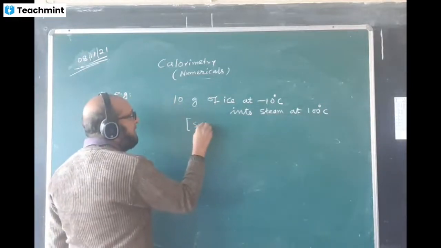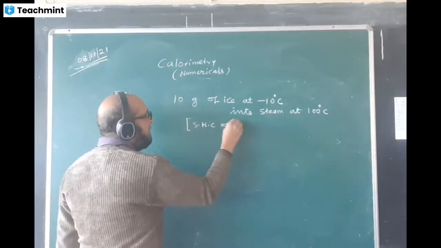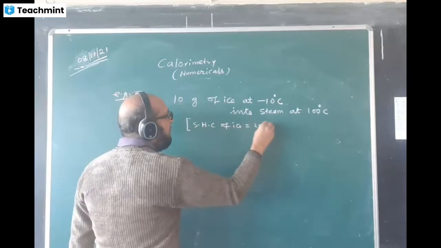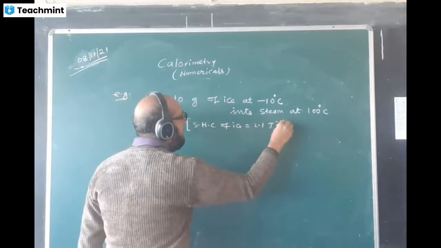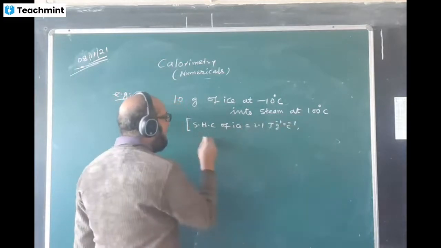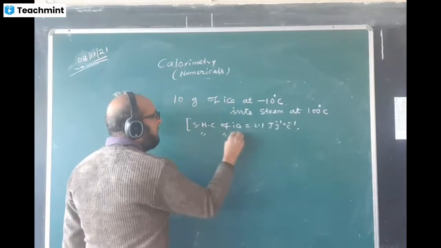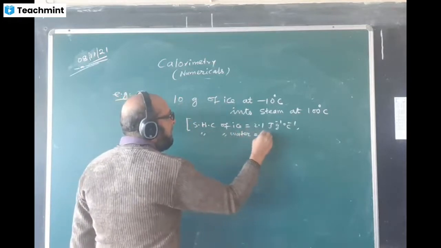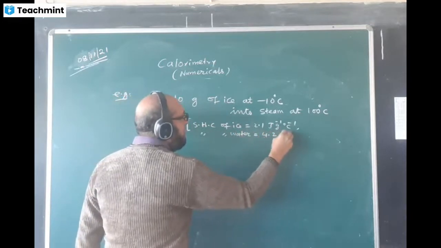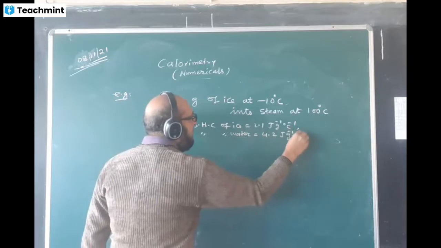SHC of ice is equal to 2.1 joule per gram per degree Celsius. SHC of water is equal to 4.2 joule per gram per degree Celsius.